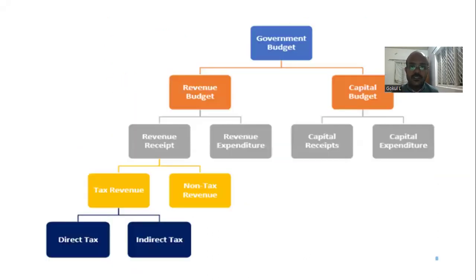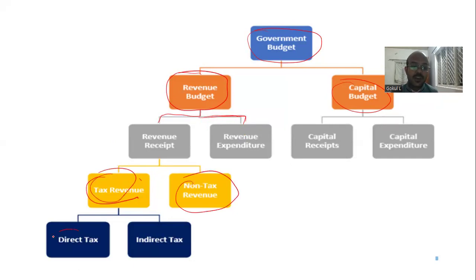As you can see on the screen, the government budget is broadly divided into revenue budget and capital budget. As we discussed, revenue budget is further divided into revenue receipts and revenue expenditure. And what do we mean by revenue receipts? Those receipts that come from tax revenue or non-tax revenue.